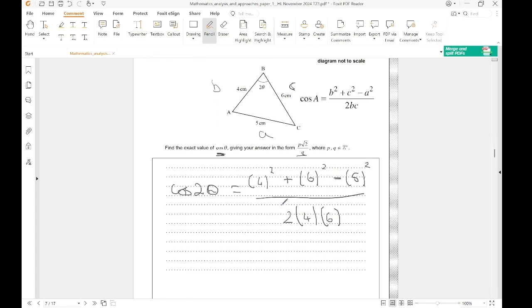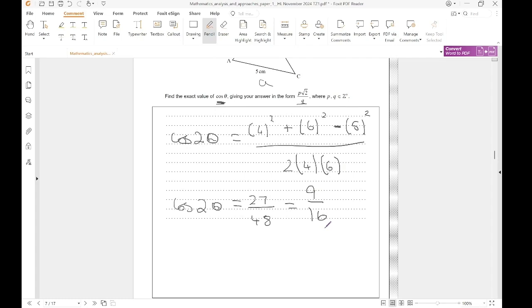Now hopefully you should be able to expand this. Cosine 2 theta is equal to 16 plus 36, which is 52, minus 25, which is 27, over 2 times 4 times 6, which is 48. This is equal to 9 over 16 once you simplify it down.